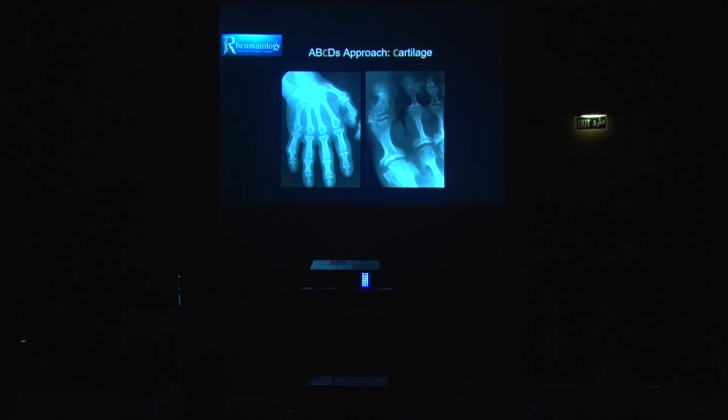This is another patient with the same condition, but this one is in the foot, and this is in the hand. So these are very wide joint spaces, right? This is acromegaly. As acromegaly can cause enlargement in many organs in the body, it can do the same with the cartilage. It can increase the size of the cartilage, so you can have increased joint space.